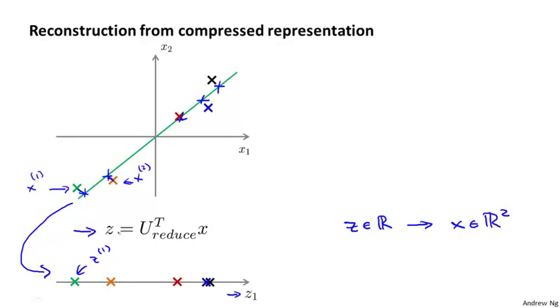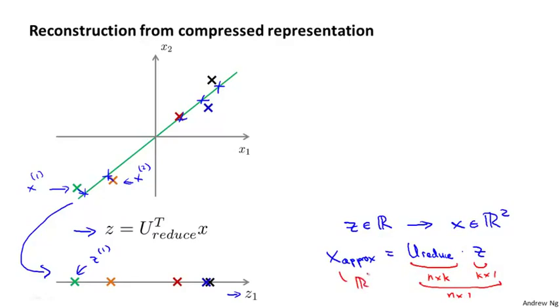Whereas Z equals U reduced transpose X, if you want to go in the opposite direction, the equation for that is we're going to write X approx equals U reduce times Z. And again, just to check the dimensions, here U reduce is going to be an n by k dimensional matrix, Z is going to be a k by 1 dimensional vector, so when you multiply these out, that's going to be n by 1, and so X approx is going to be an n-dimensional vector.